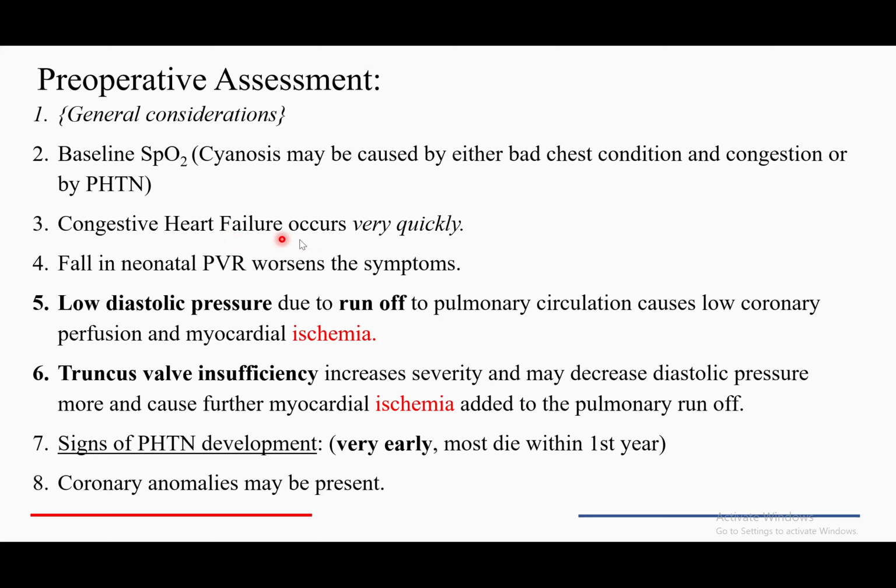Congestive heart failure occurs very quickly because the lungs are perfused directly from the aorta and very close to the heart, so the lungs receive a huge amount of blood. So a congestive heart failure may occur with low systemic cardiac output and high pulmonary cardiac output.